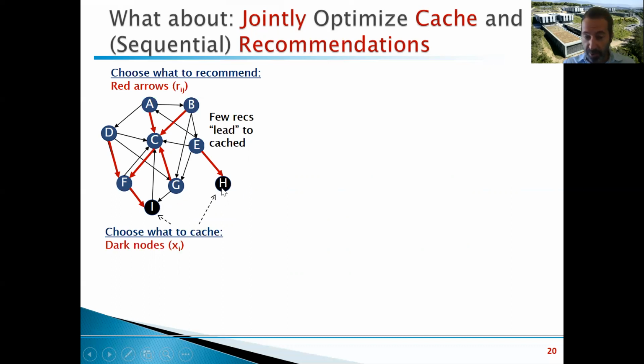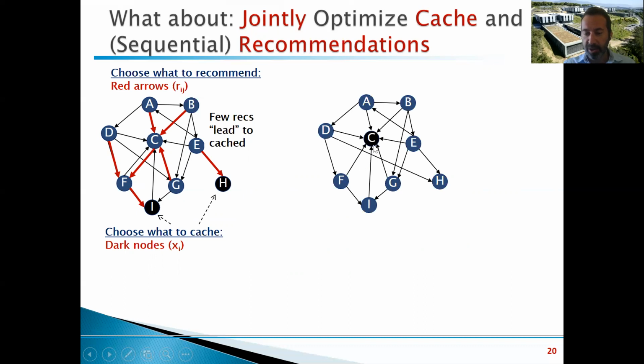However, if I had the option to choose which of these nodes to actually cache, then clearly a better solution would be to cache this item C here. Why? Because I see a lot of incoming arrows here, which means that if this one was cached, then I would be able to recommend it for a lot of other contents, which, just visually, I predict would lead to a higher expected cache hit rate.